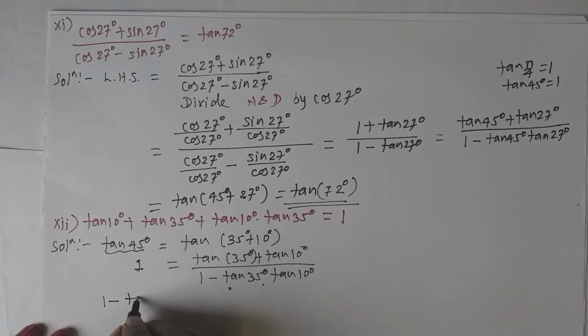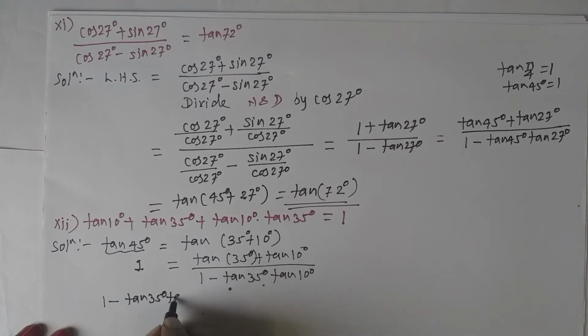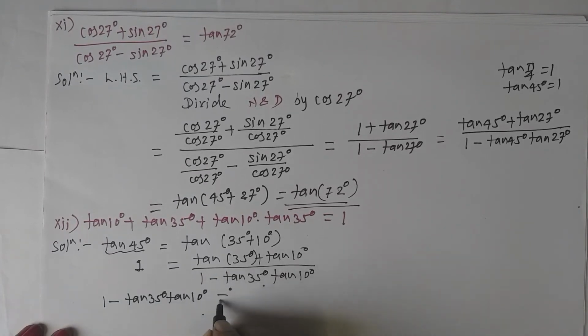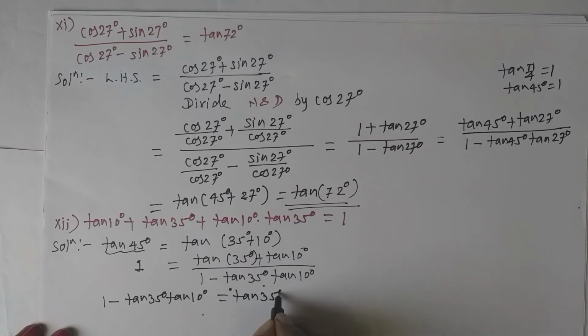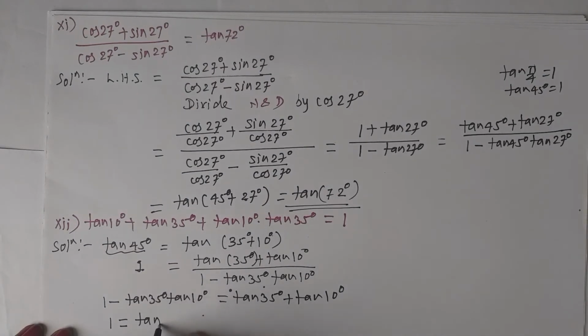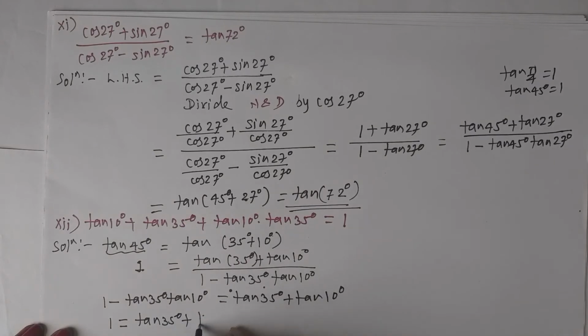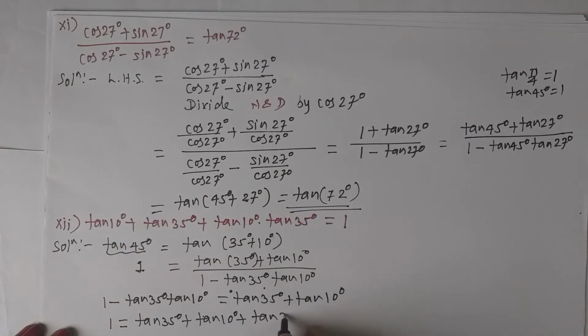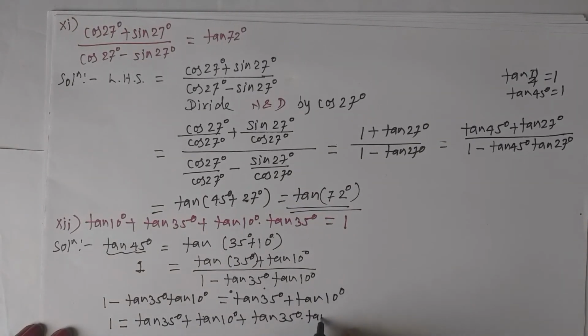This will be 1 minus tan 35 into tan 10 degree. This is equal to tan 35 degree plus tan 10 degree. Okay. Now this negative term I will transfer to this side, and this will be 1 equal to tan 35 plus tan 10 degree plus tan 35 into tan 10 degree.